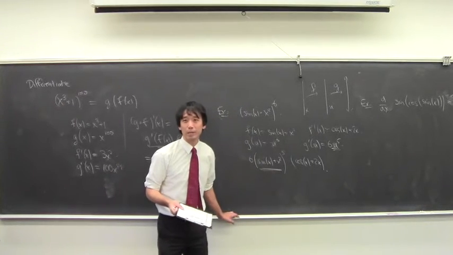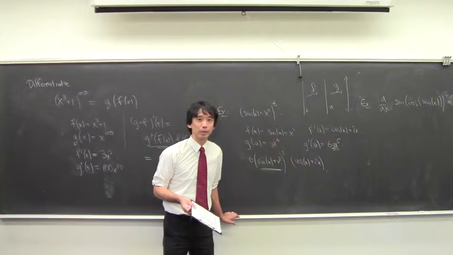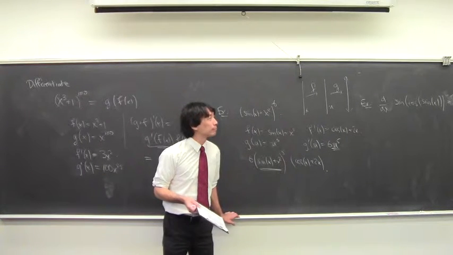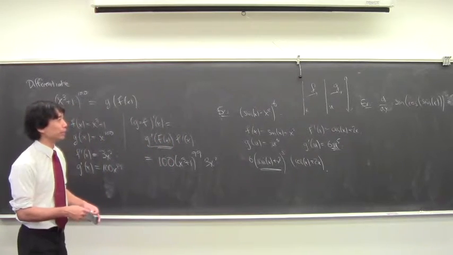So this time you have a composition of 3, but you just use your chain rule iteratively. So figure out how to use the chain rule to get this.